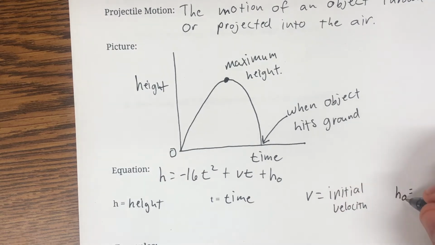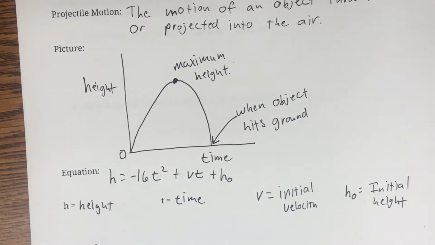And H subscript 0, h naught, is the initial height, because typically the object isn't launched right from the ground. Like if I'm the punter, it's actually kicked a little bit above the ground, okay?